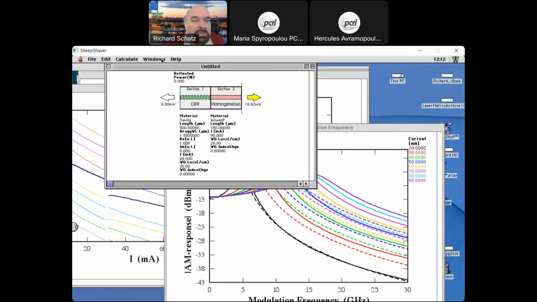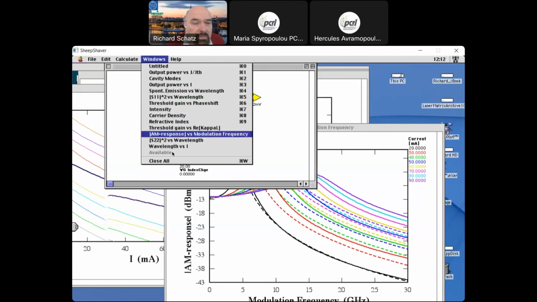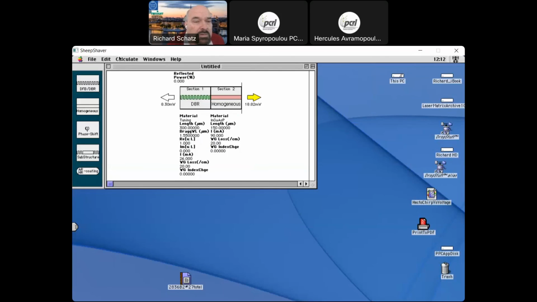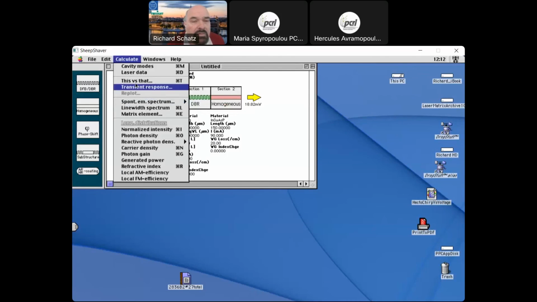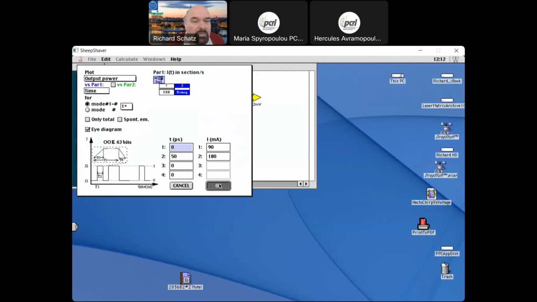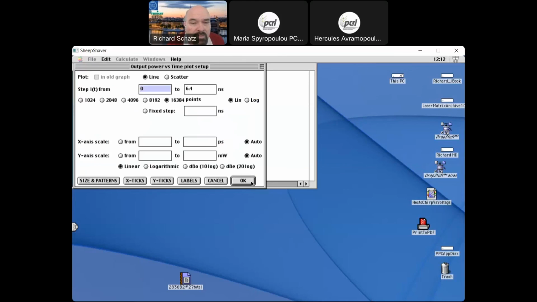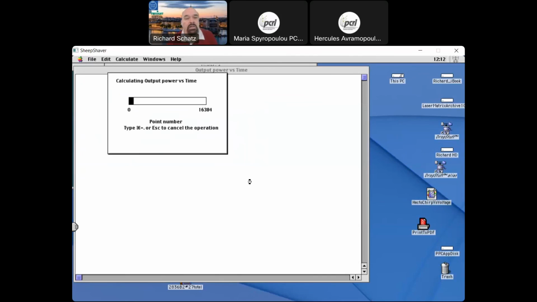Now I will just close all the windows here. And now it will calculate the eye diagram of this. If you have many modes and also include spatial hole burning, it can take some time to do this calculation, especially if you want to calculate many bits.